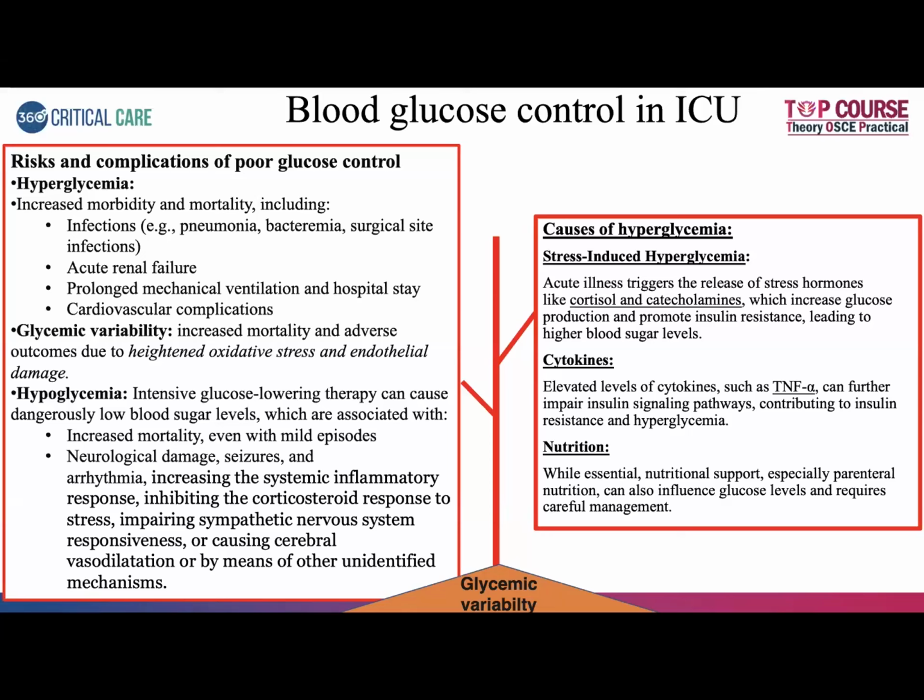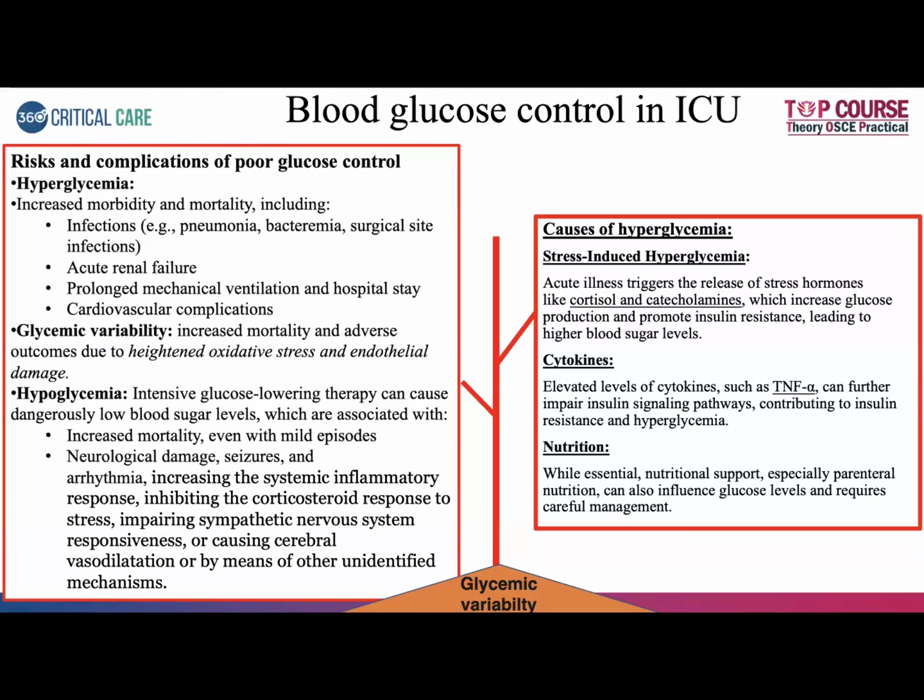It will inhibit the corticosteroid response to stress as well, impairs the sympathetic nervous system responsiveness, and causes cerebral vasodilatation. So patients who are hypoglycemic and do not receive appropriate timely treatment will have neuroglycopenic symptoms that can last for a long time.